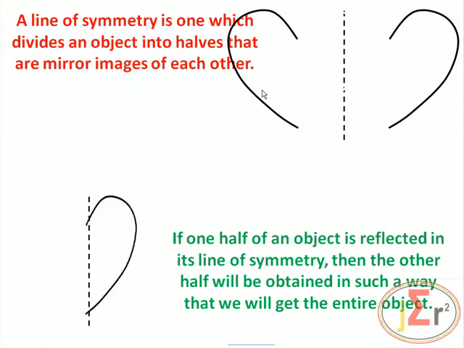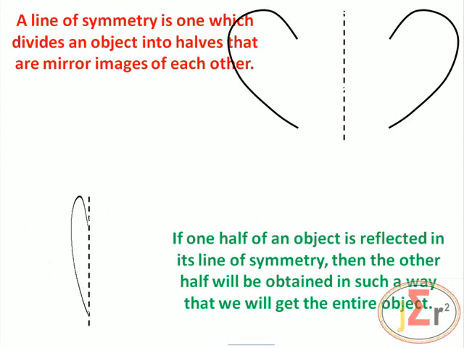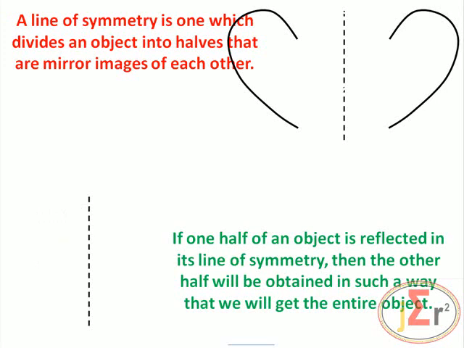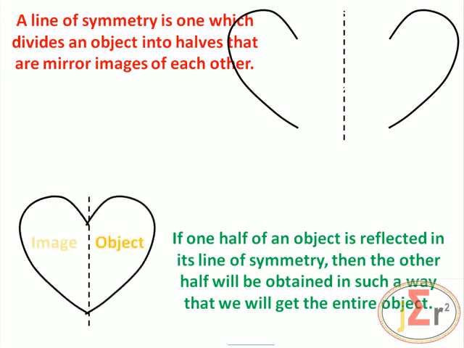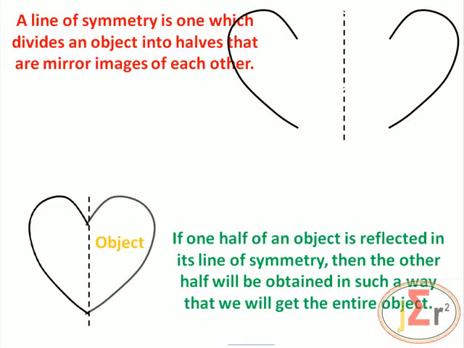So take that heart, that is your object, and that is your image, and we have the entire heart. One half will be the object, and the other half will be the image, and that will be the entire object. So the line of symmetry will divide the object into halves that are mirror images of each other.